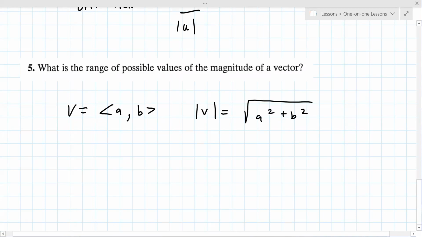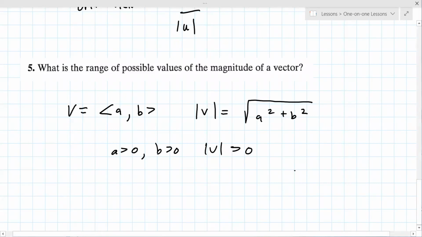But the vector has to have at least some size, so the magnitude of v has to be greater than 0.